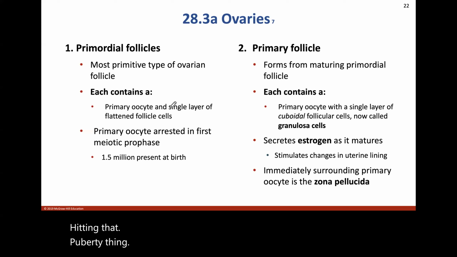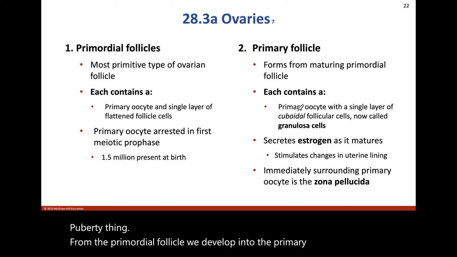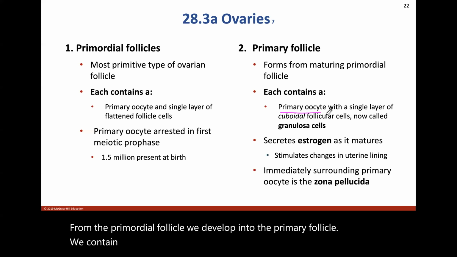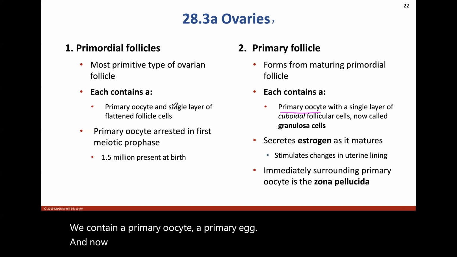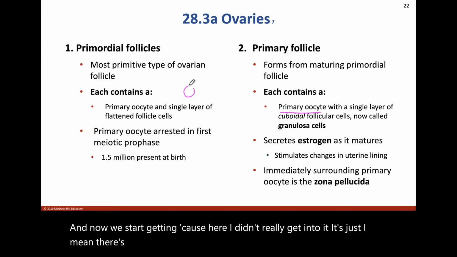From the primordial follicle, we develop into the primary follicle. It contains a primary oocyte, a primary egg. Here there's a big egg with some flat cells around it.